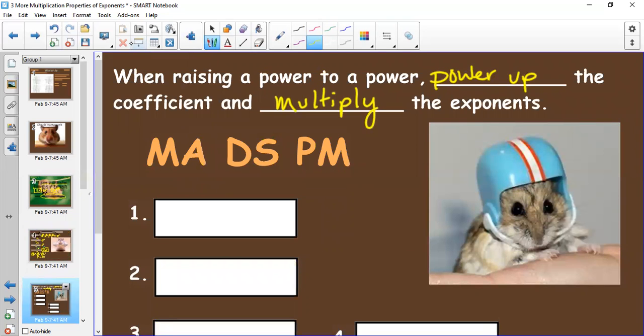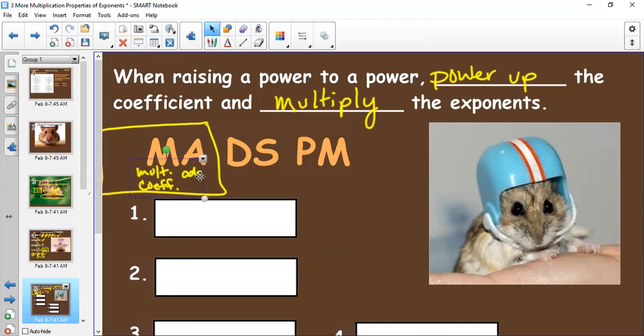And if it helps you to keep them separate, I like to use these acronyms. Again, on Friday, we did the MA part, which was to, when multiplying, we multiply coefficients and we add exponents.